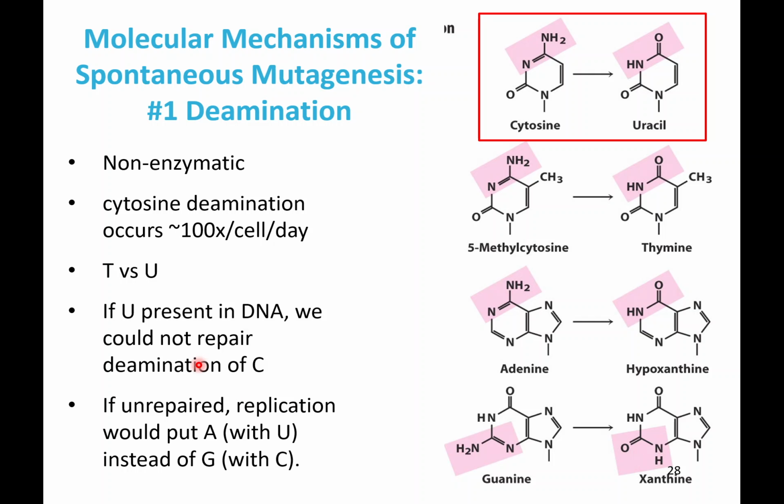If these are unrepaired, the replication would actually put an A where there was supposed to be a G. So if you have cytosine getting turned to a uracil and that doesn't get repaired, and you replicate this, you're going to have an A for the complementary base of this, instead of what should have been a G, the complementary base of cytosine.